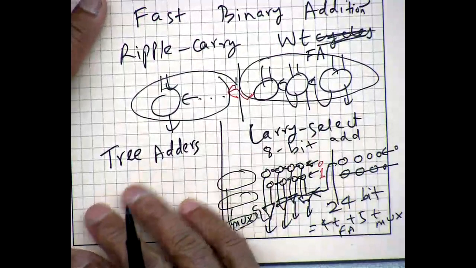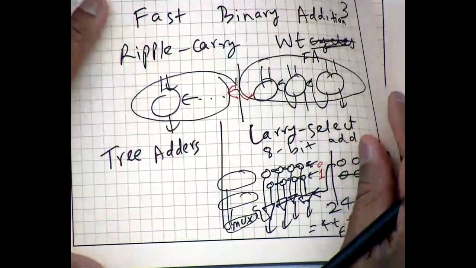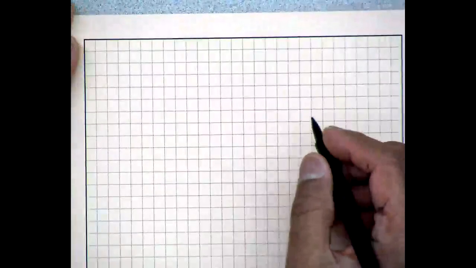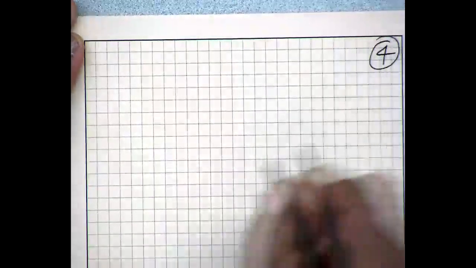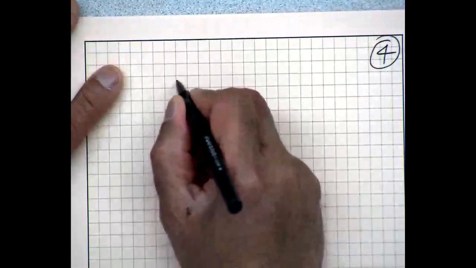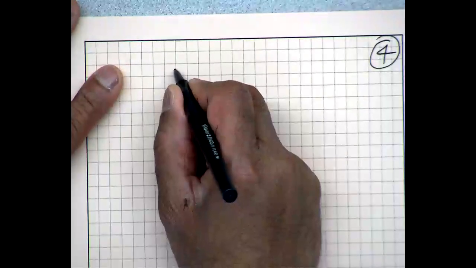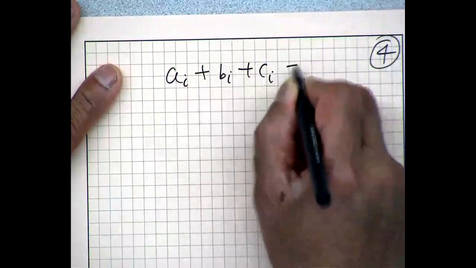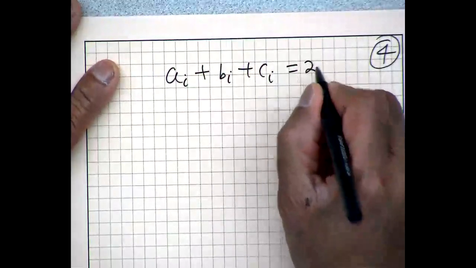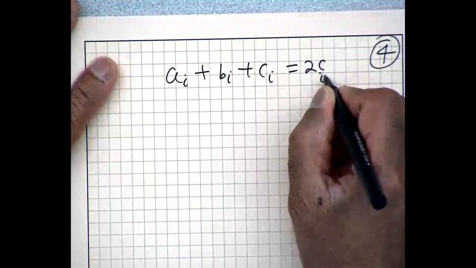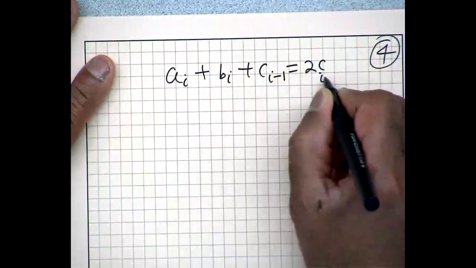But what really is the idea of tree adders, binary tree adders? The very essence of binary tree adders is to compute, so let's see what the computation is if we have Ai plus Bi plus Ci equal to 2 times C, I guess I can put i minus 1 here and i here.